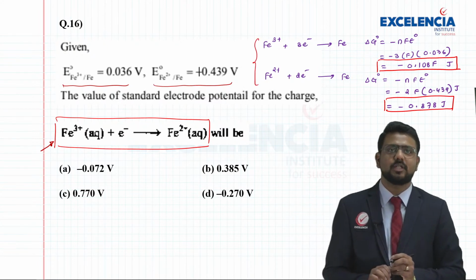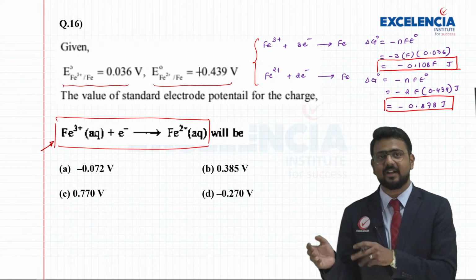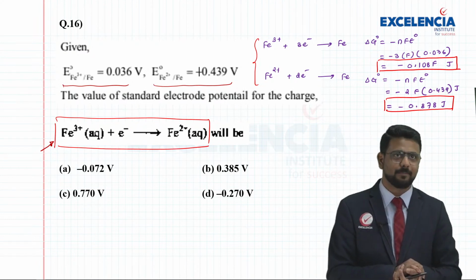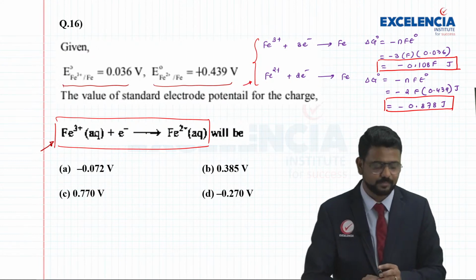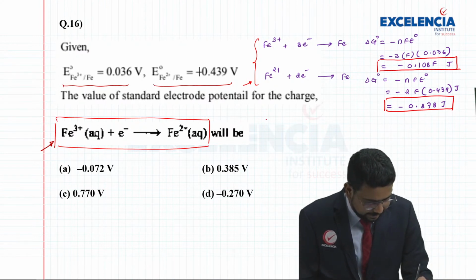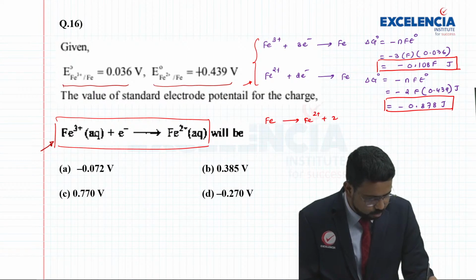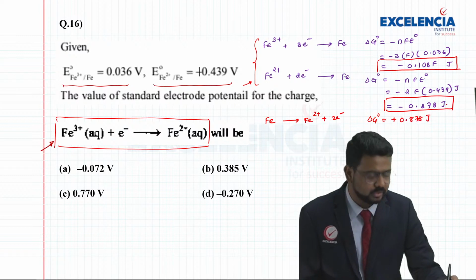As far as these two reactions are concerned, for the final reaction you have Fe3+ at the reactant side and Fe2+ at the product side. So I can flip the second reaction. If I flip the second reaction, it will become Fe giving you Fe2+ plus 2 electrons, and obviously its corresponding delta G naught will become positive 0.878 F joules, right?